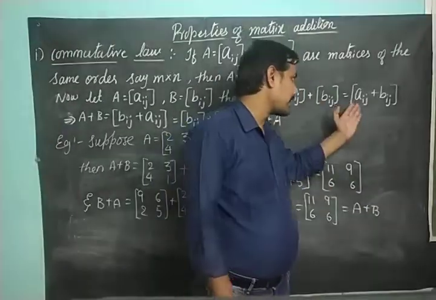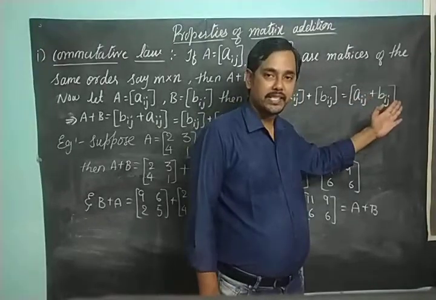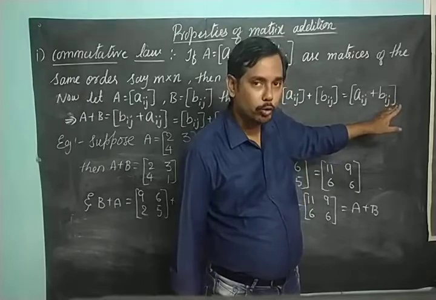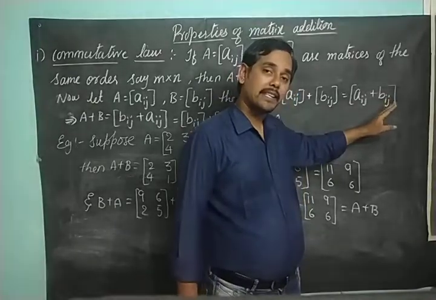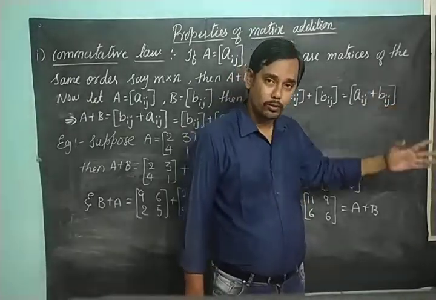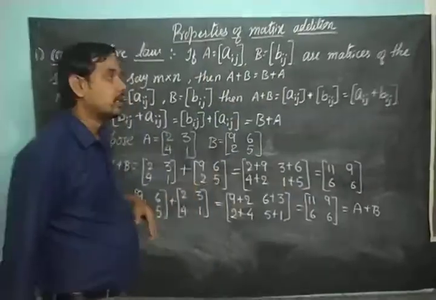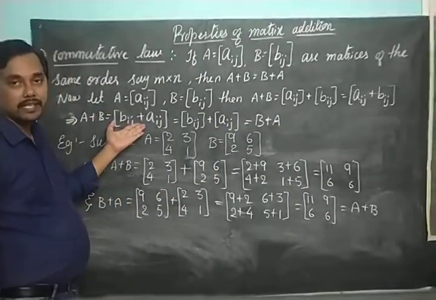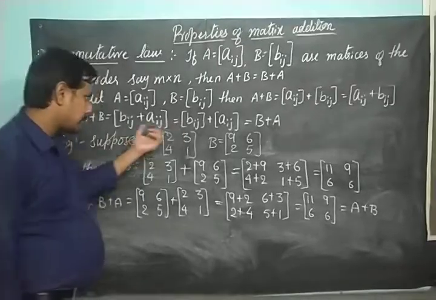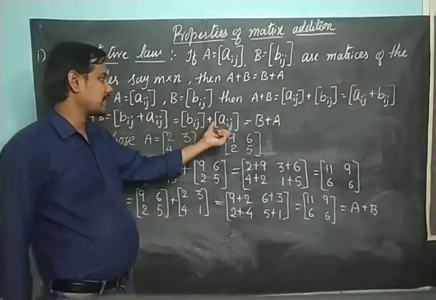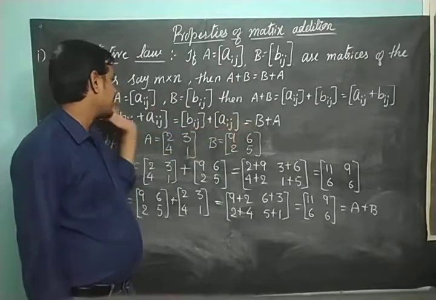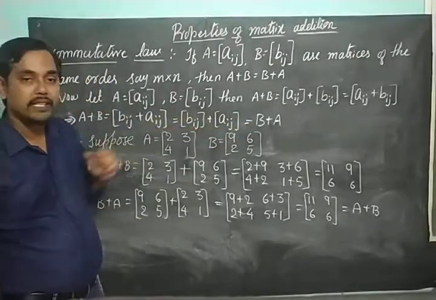For example, if Aij is 2 and Bij is 3, then Aij plus Bij is 2 plus 3, which equals 5. I can write that as Bij plus Aij also, that is 3 plus 2. Same answer I will get. So this can be written as Bij plus Aij. What is Bij? That is matrix B. What is Aij? That is matrix A. This is how it is defined.